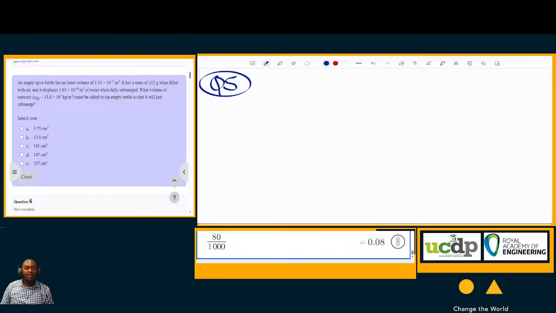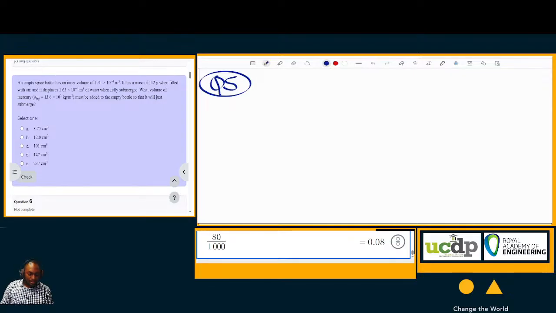It has a mass of 112 grams when filled with air, and it displaces that amount of volume of water when fully submerged. What volume of mercury must be added to the empty bottle so that it would just submerge?